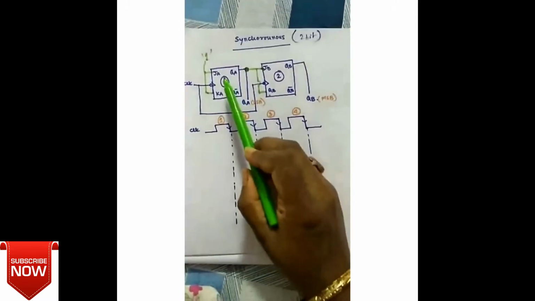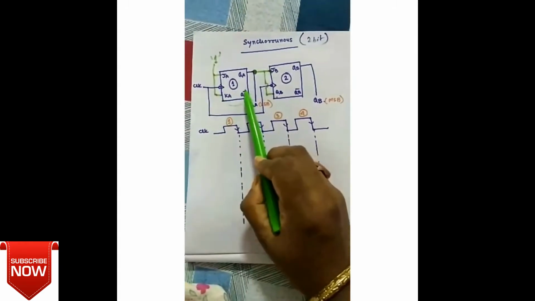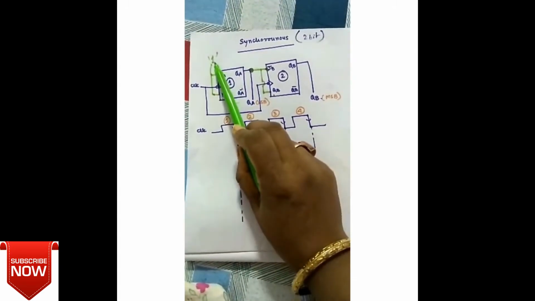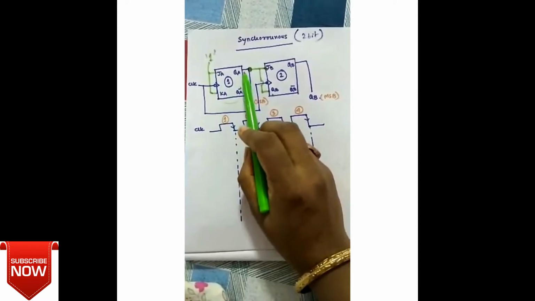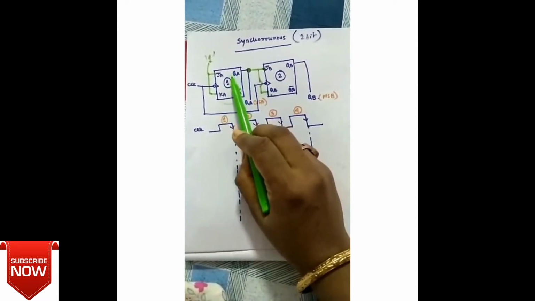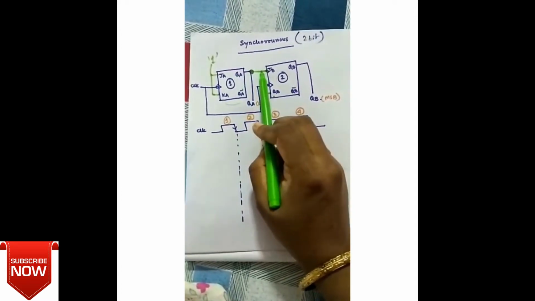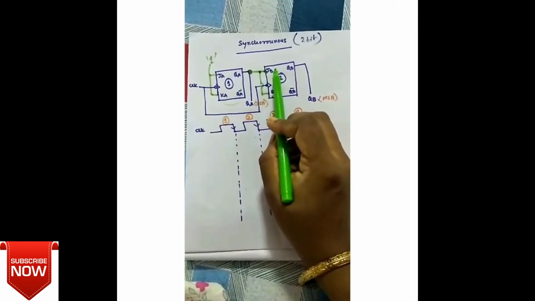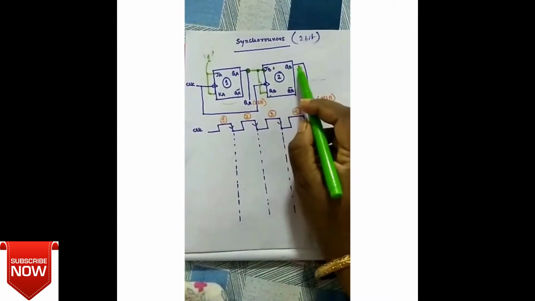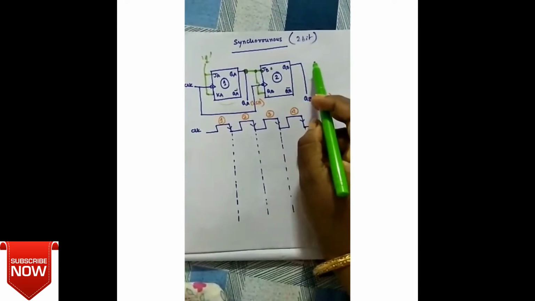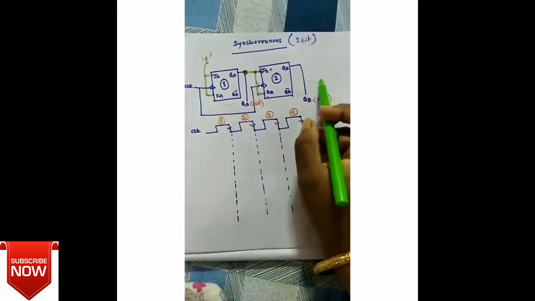For this synchronous counter, only for the first flip-flop the input is considered as logic 1, and once this gives the output, this output is considered as the input of this second flip-flop. Again, if it is 3-bit, then QB is connected as the input for J and K for the third flip-flop.